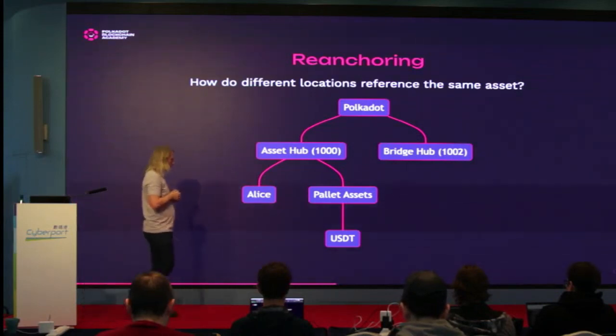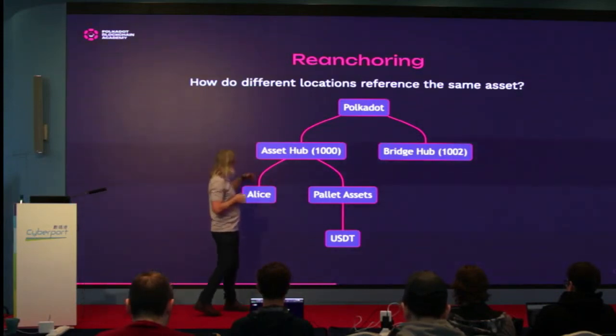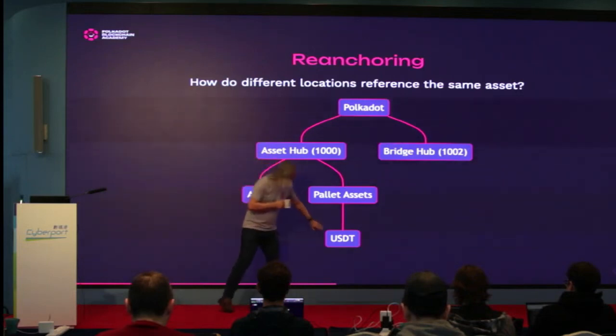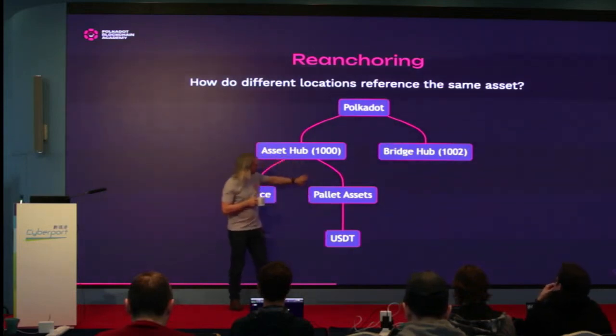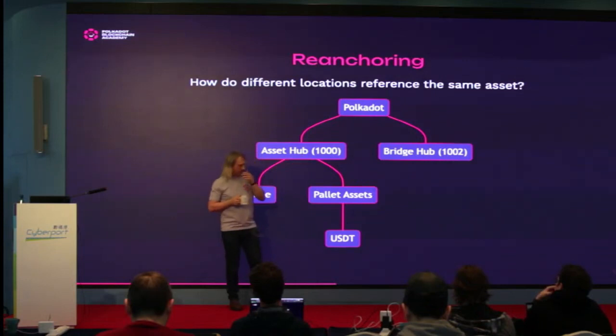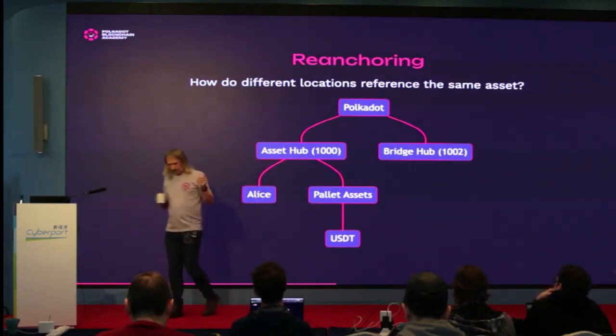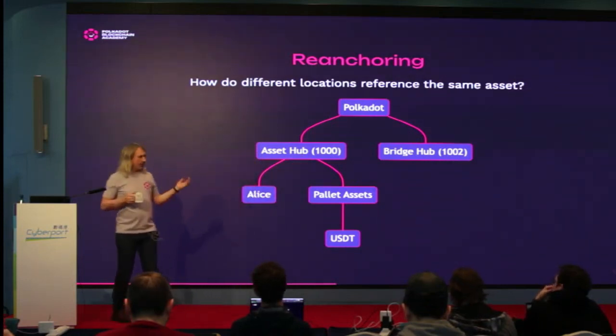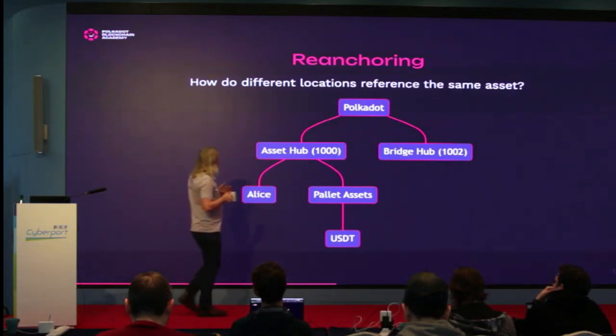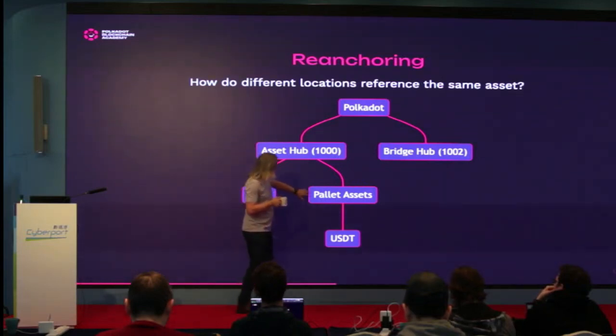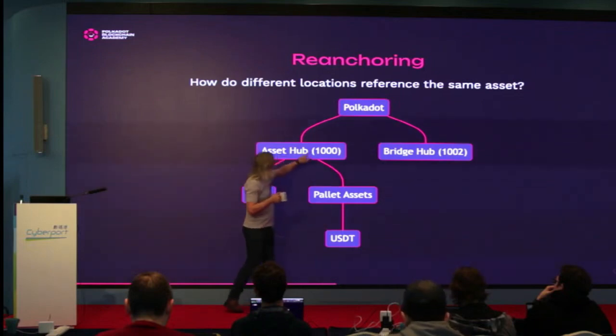And they become a bit of a problem because we have assets, like maybe this USDT asset, which exists here under Pallet Assets, under Asset Hub. And we want to send this asset over. Well, we need to identify it correctly at the point that we're sending it.